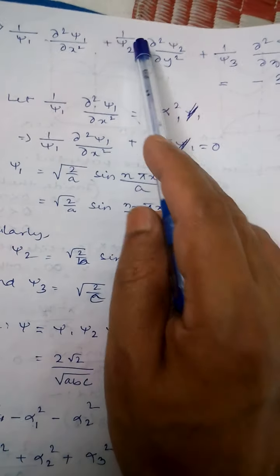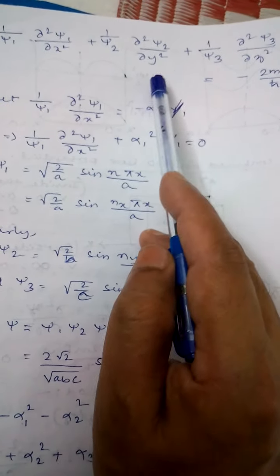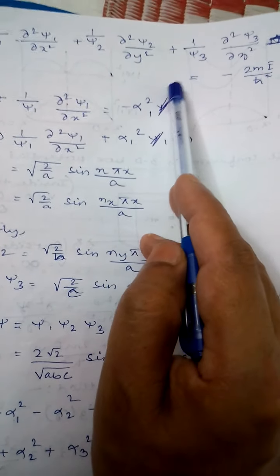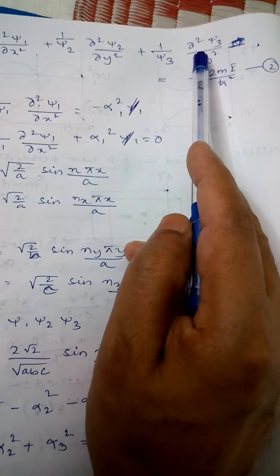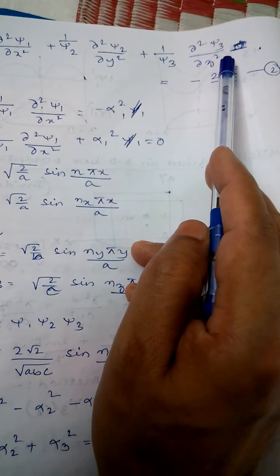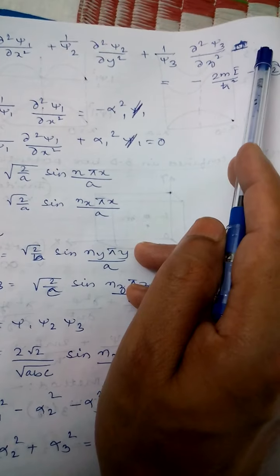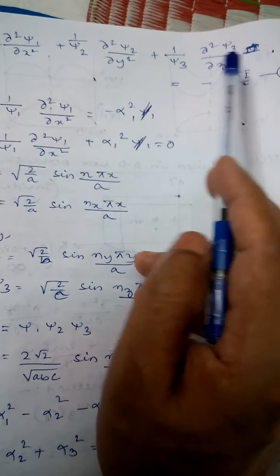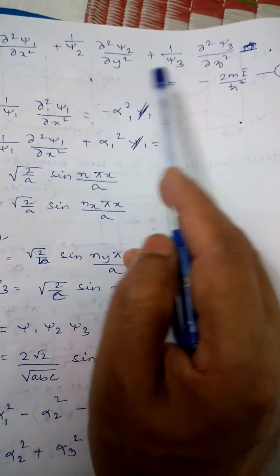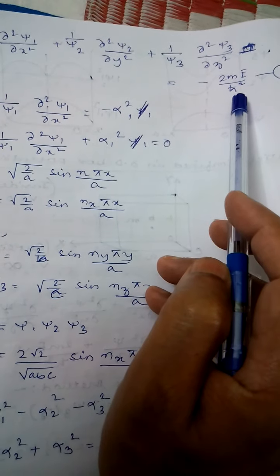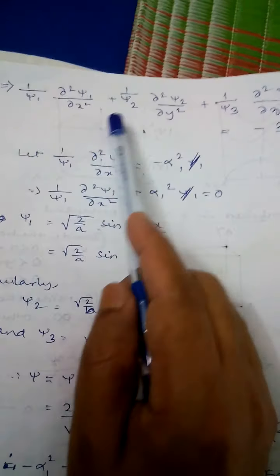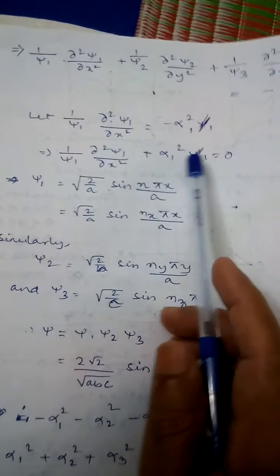Similarly, we may consider 1 by psi 2 del square psi 2 by del y square equals minus alpha 2 square, and this term 1 by psi 3 del square psi 3 by del z square equals minus alpha 3 square. It is our choice. This means minus alpha 1 square minus alpha 2 square minus alpha 3 square equals minus 2me by h cut square.